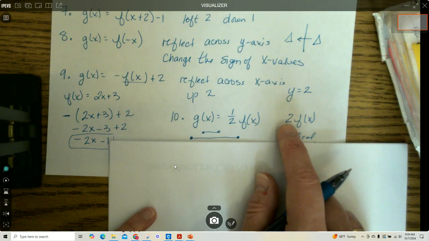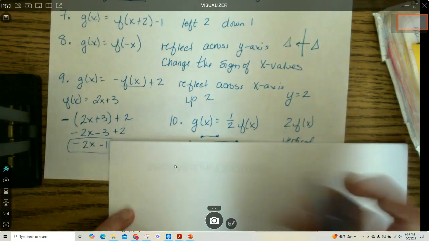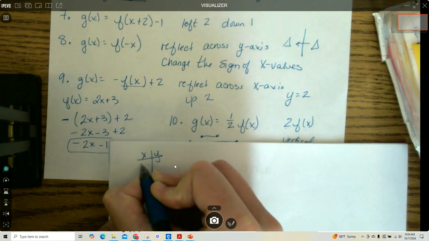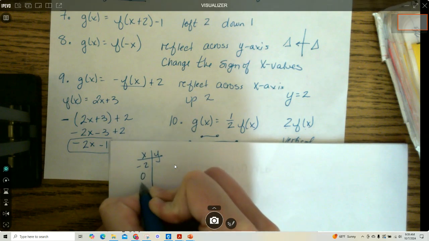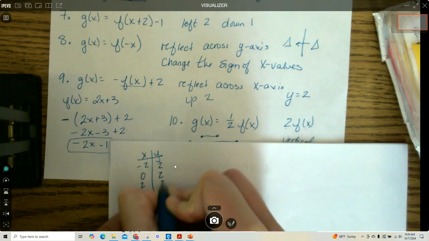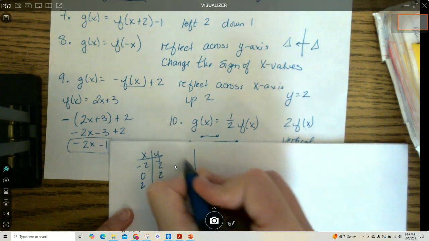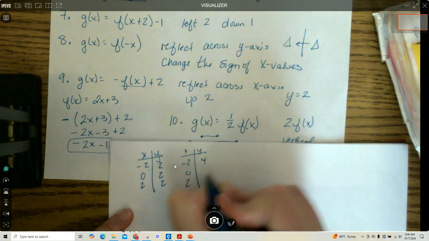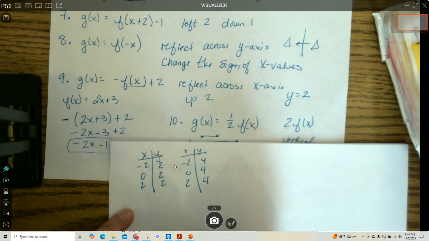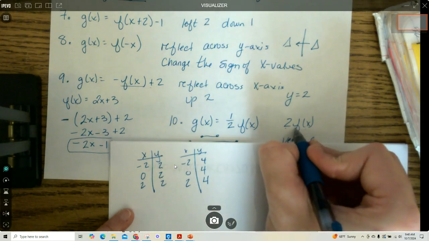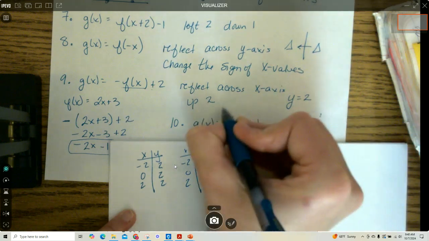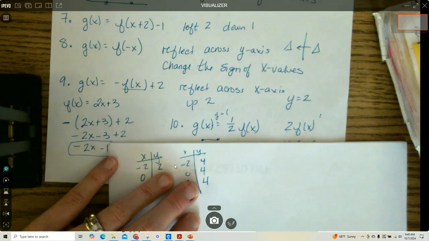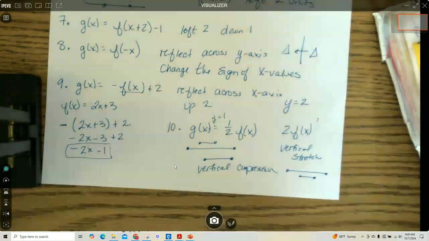Your x values are like -2, 0, and 2, and all the y values are 2, 2, and 2. To do this, all the x's would stay the same and these get multiplied by 2. So your new line for this one should be at like y equals 4. Yes. And then this one should be like y equals 1. That's an answer and it's correct. Is it right? Yes.